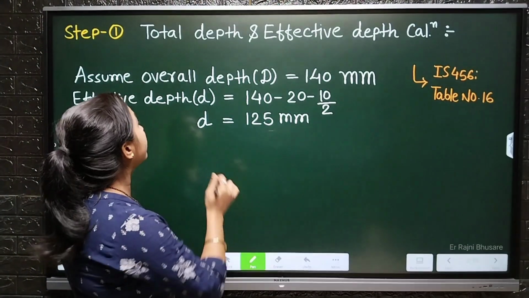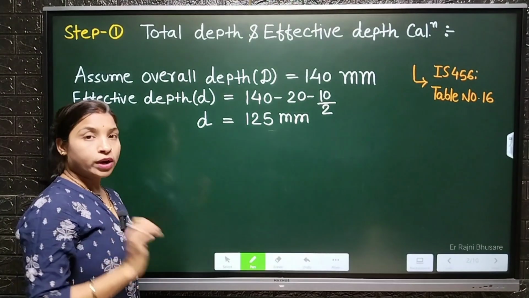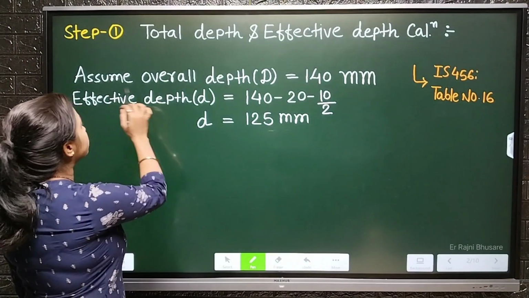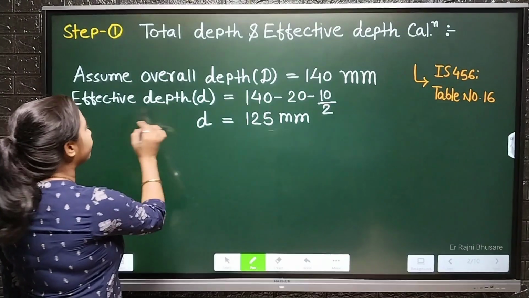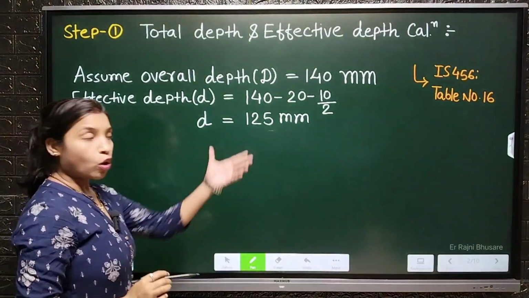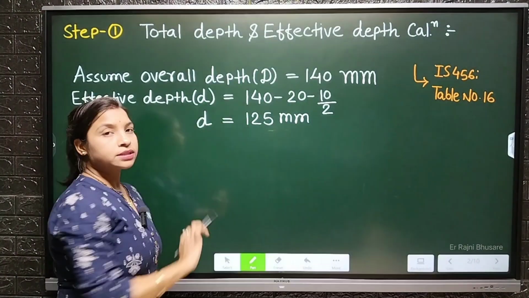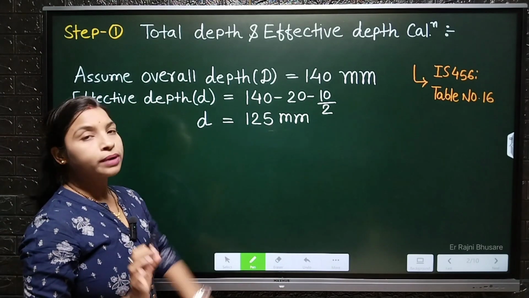So how to calculate effective depth? Here we have to assume an overall depth of 140 mm, and to determine the effective depth small d, the formula is overall depth minus effective cover minus half the assumed diameter of bar.